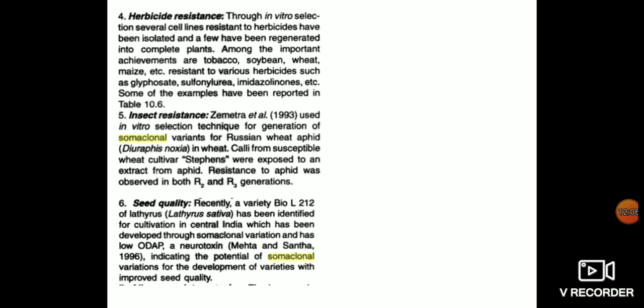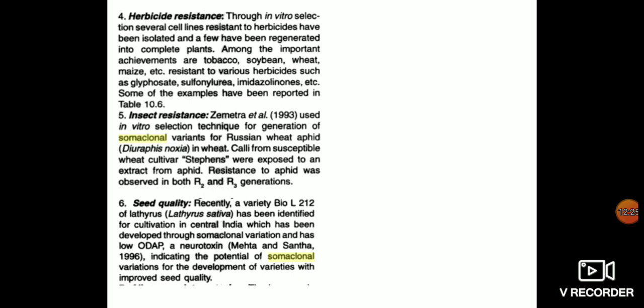Then seed quality. The final one is about seed quality improvement. There is a variety mentioned, Lathyrus sativa, which has been identified for cultivating in central India.